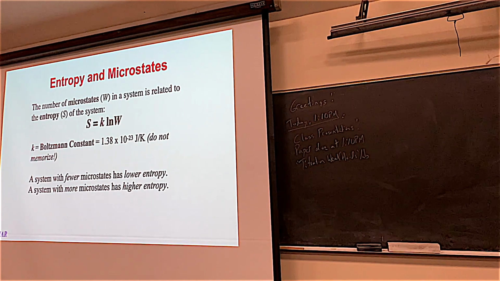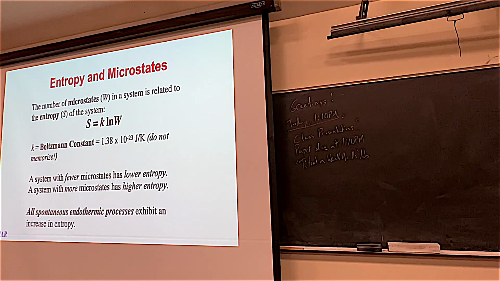If you have a system with just a few microstates, you won't have a lot of entropy. But most of the things that we'll look at will have lots and lots of these microstates, and they'll have higher entropy. So I want to show an example of how microstates work in chemistry. However, all spontaneous endothermic processes will have an increase in entropy.